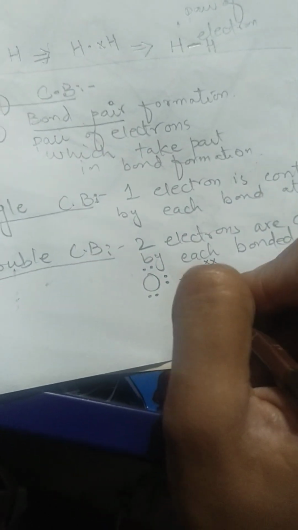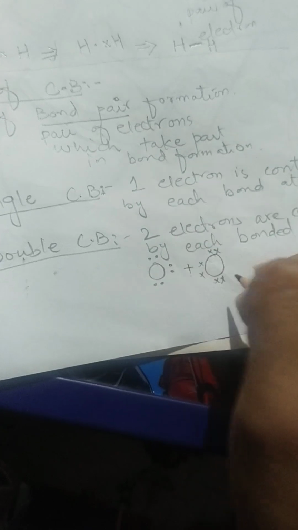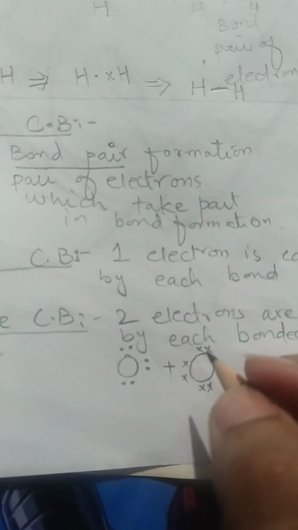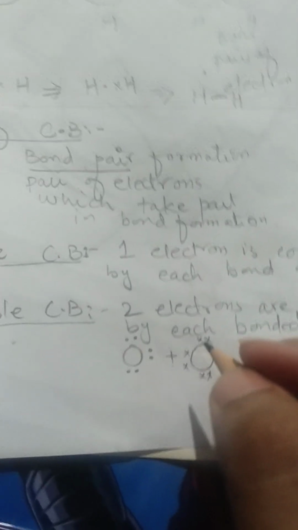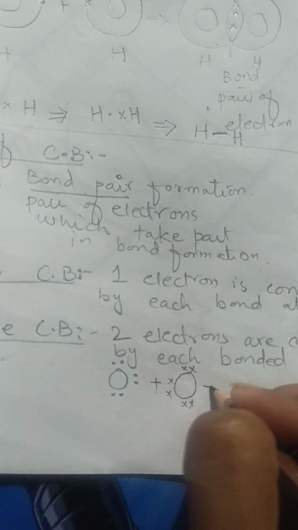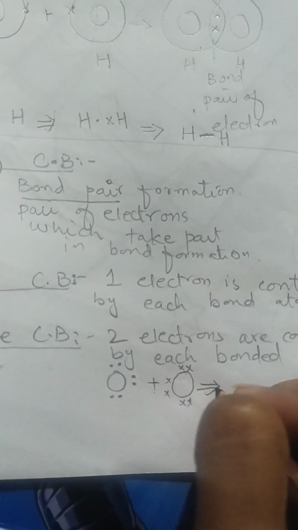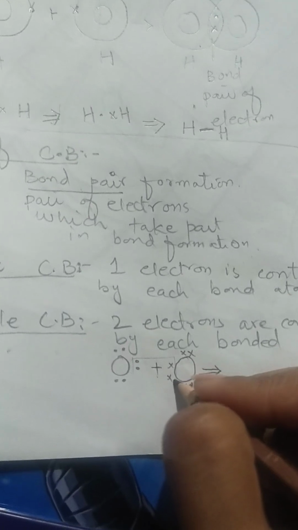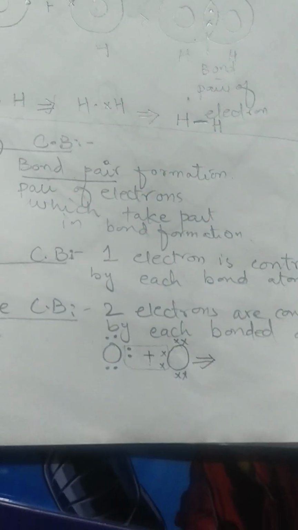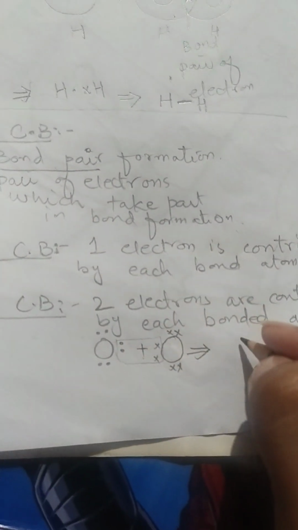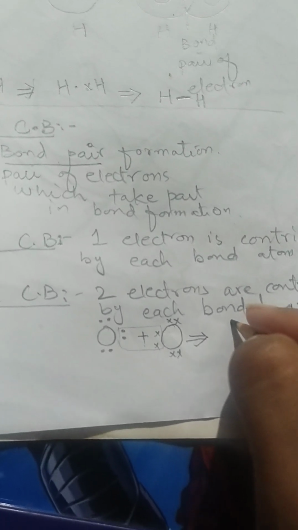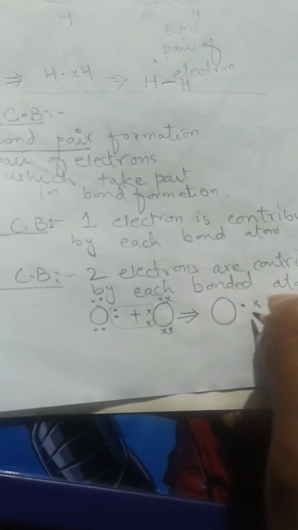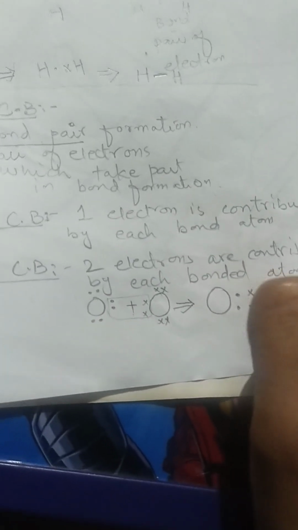If an atom has 6 electrons in its valence shell, it needs 2 electrons to attain stability, and it will gain these by sharing 2 electrons and forming 2 bond pairs.